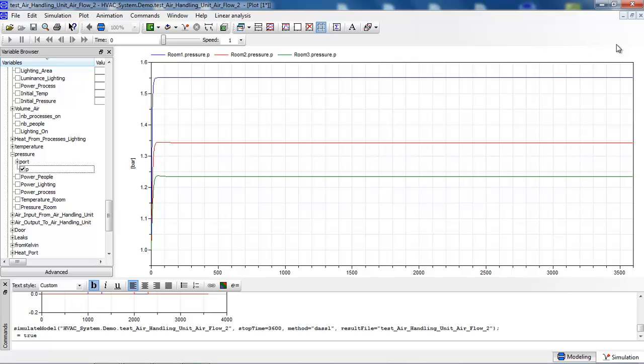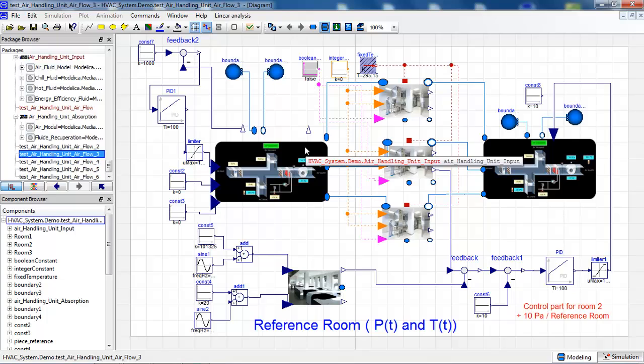Here you can understand that due to different pressure losses over the 3 rooms, we have different pressure maintained in a room. Now we will go a step further, and we will add some control part for the different parts of my model.